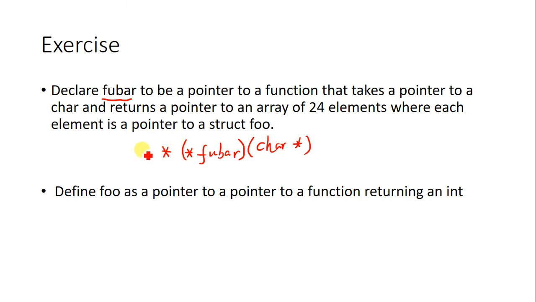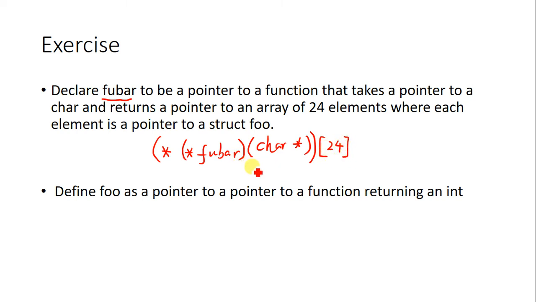If this pointer is just an integer pointer, we are done. But again, it is a pointer to a fairly complicated type. You can parenthesize it. So foobar is a pointer that points to a function that takes a char pointer and returns a pointer that points to an array of 24 elements.